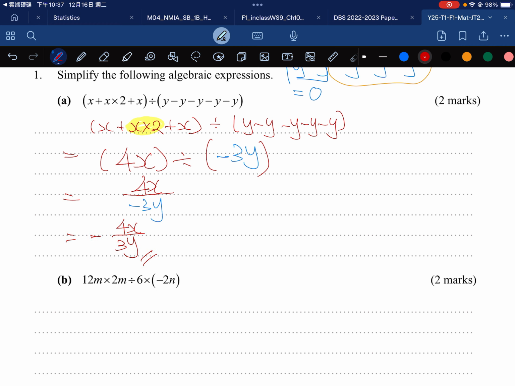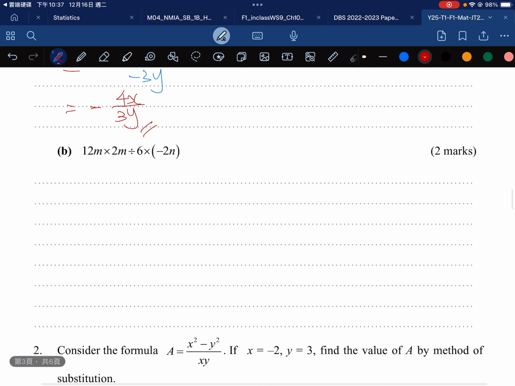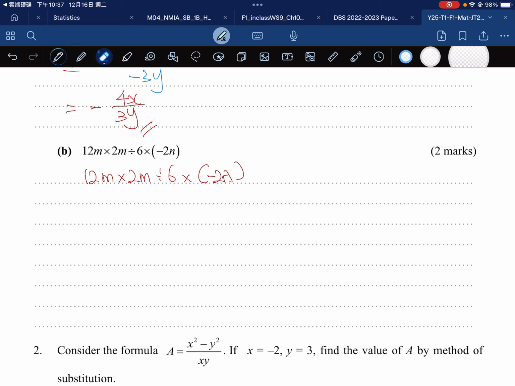And then for 1B. Okay. For 1B, we can do it slowly, but if you're good enough, you can do it in one step. First of all, we try to finish the first two terms. If they are all multiplication, we do it from left to right.